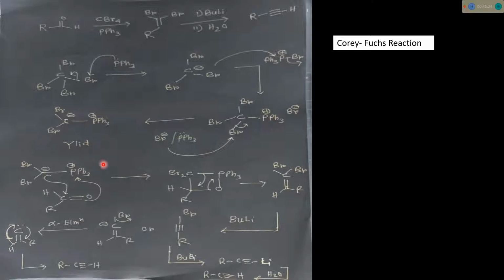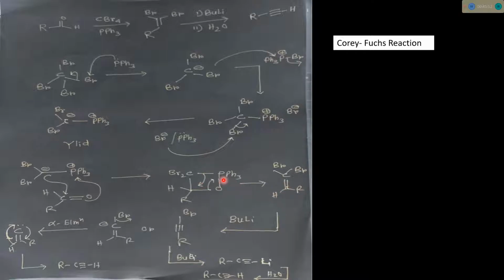Now if we treat it with a carbonyl compound, this phosphonium ylide reacts the same as in a Wittig reaction. This minus attacks the carbonyl carbon, and the oxygen attacks the positive charge. So a cyclic intermediate forms.